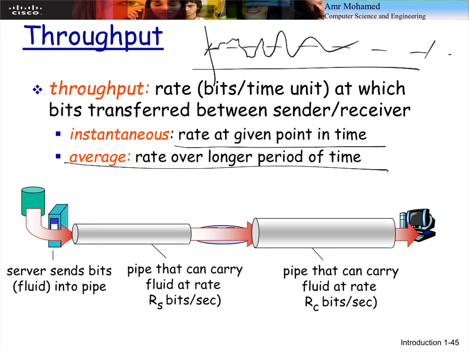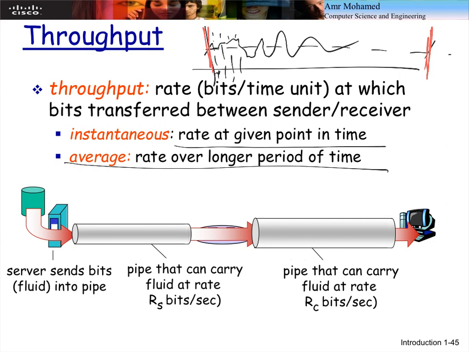So in instantaneous measurement we take a very short window of time, versus for the average we take the entire duration of time. You count the number of bits that you receive at the receiver, and then you divide this number of bits by the actual time, and this would be the average throughput during that period of time.